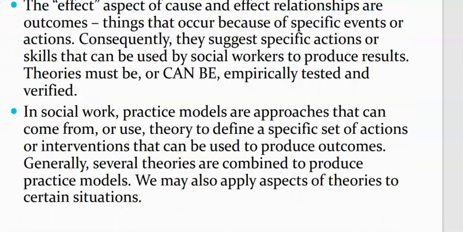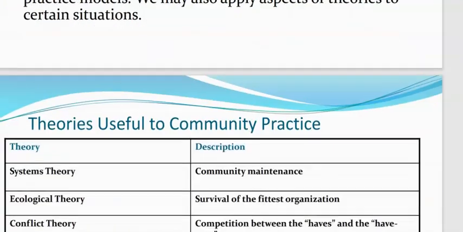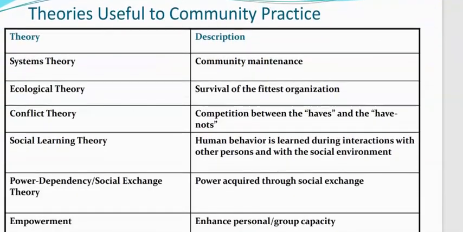In social work, practice models are approaches that can come from or use theory to define a specific set of actions or interventions that can be used to produce outcomes. Generally, several theories are combined to produce practice models. We may also apply aspects of theory to certain situations.